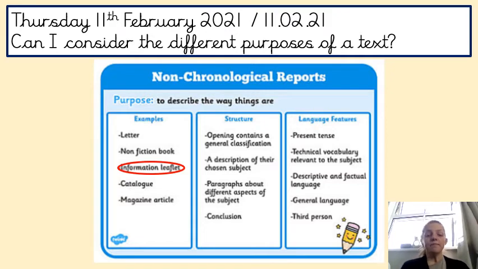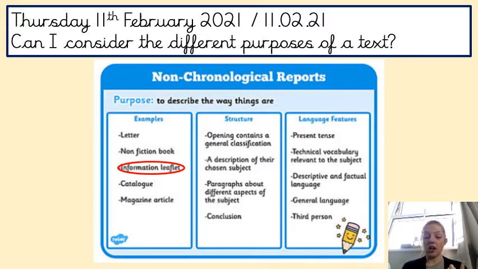So it's going to have an opening. It's going to have a description of their chosen subject. It'll have paragraphs about different aspects of the subject. So it might be buying your first pet, looking after your first pet, the items that your first pet needs, exercise, diet, and then you'll have a conclusion at the end.